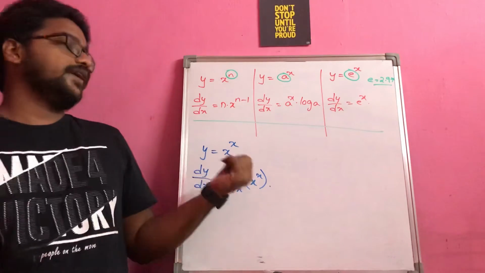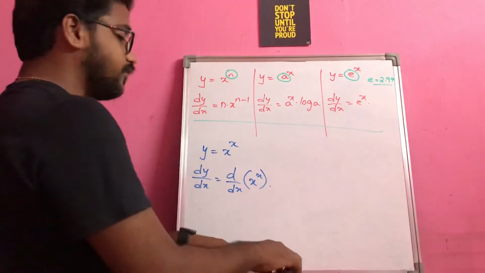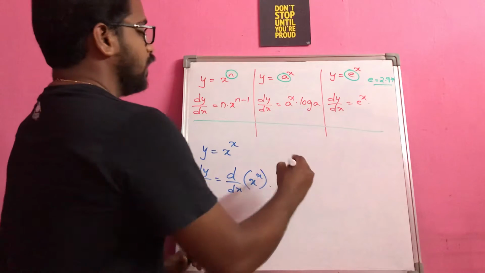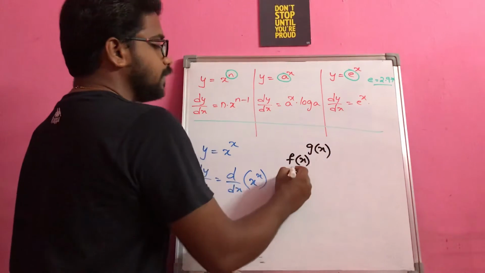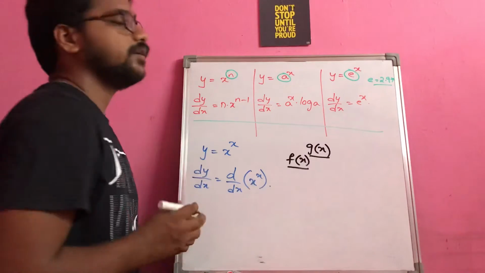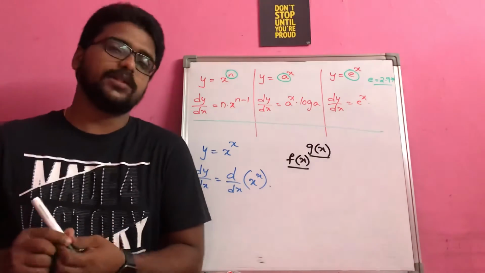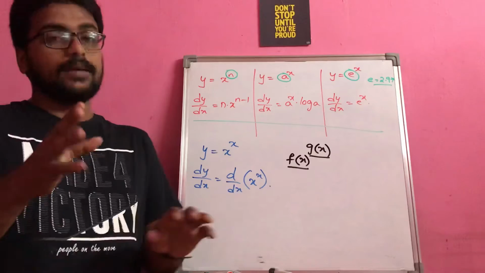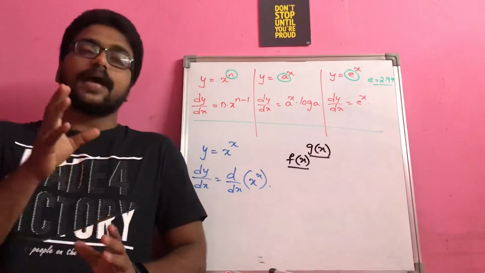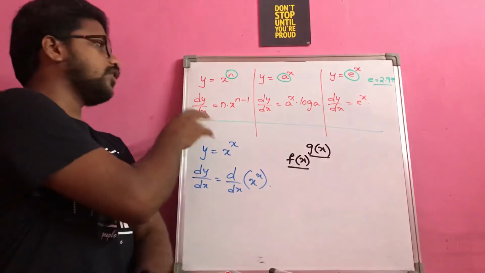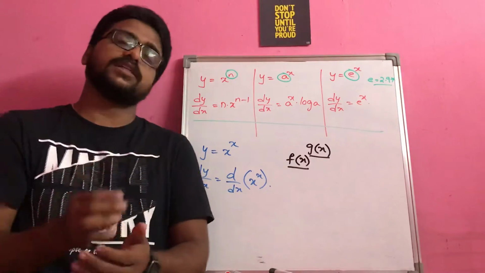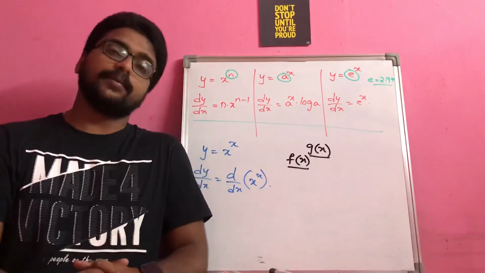So that means if you just see, this function is of the form f of x whole power g of x. That means both base and the power are functions only. That means they are in terms of variables. So whenever you are having functions in terms of variables, whatever known formulas we have with respect to differentiation, they are not applicable here.